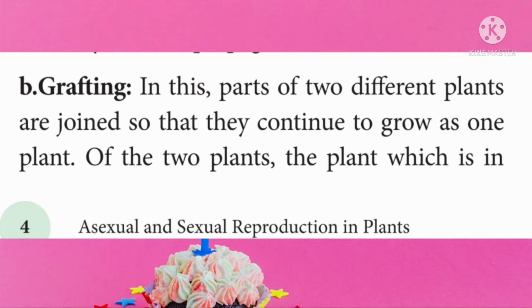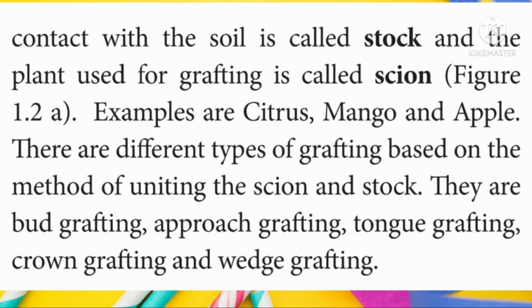The second process is called grafting. This technique is employed by taking two plants, placing them together, mingling them with each other and allowing them to grow into a single plant. That is called grafting. For grafting, we use two plants. One plant is called the stock, another plant is called the scion.